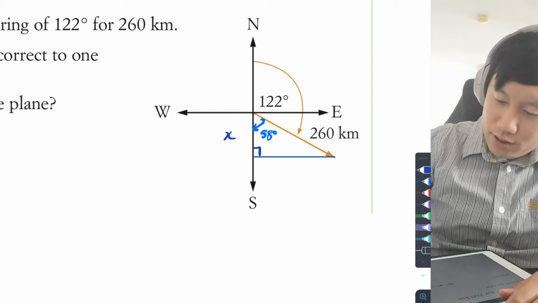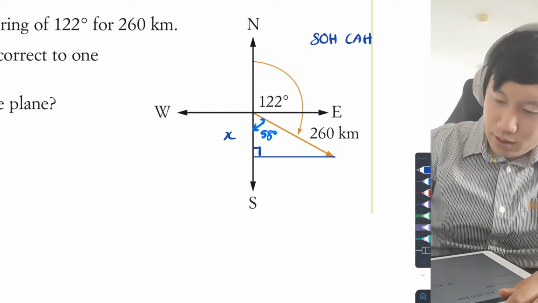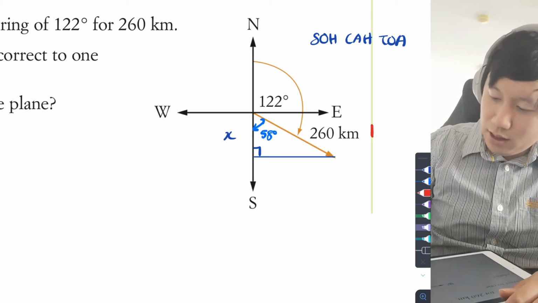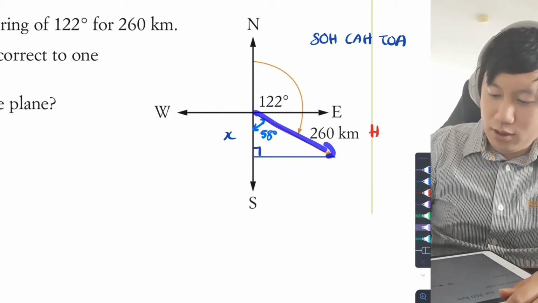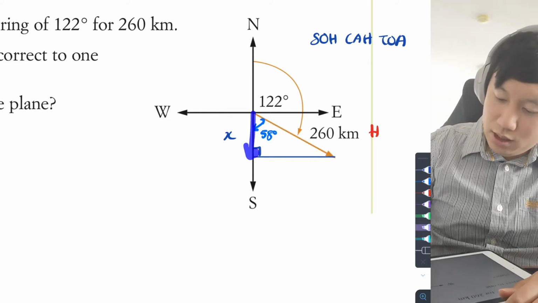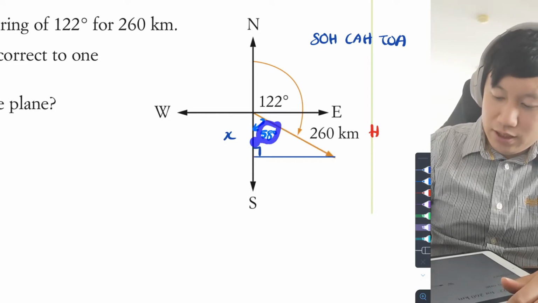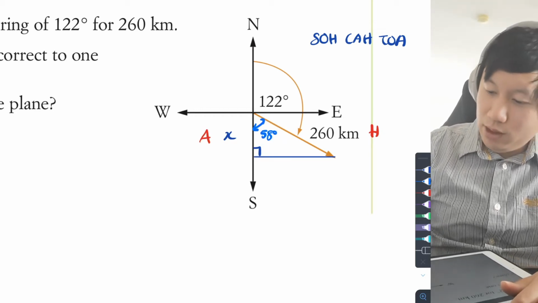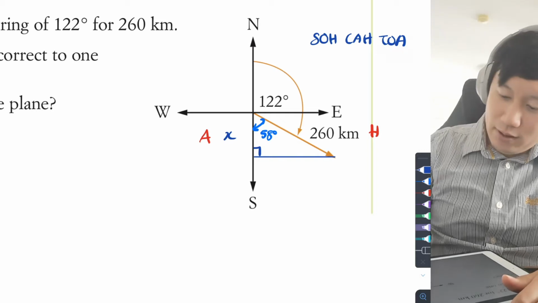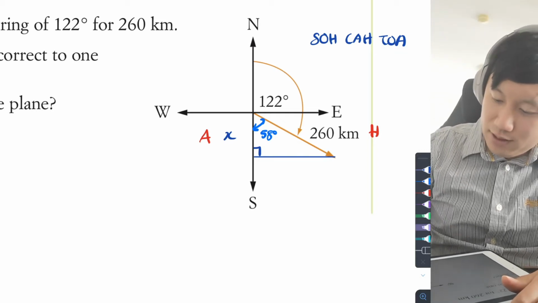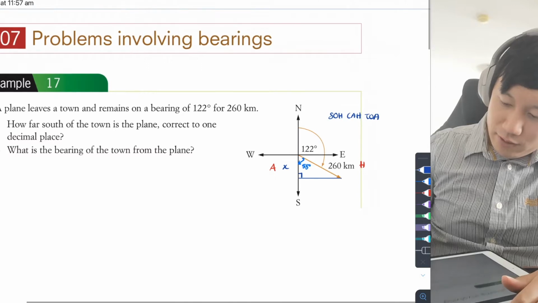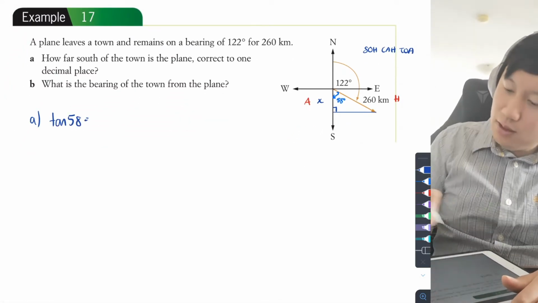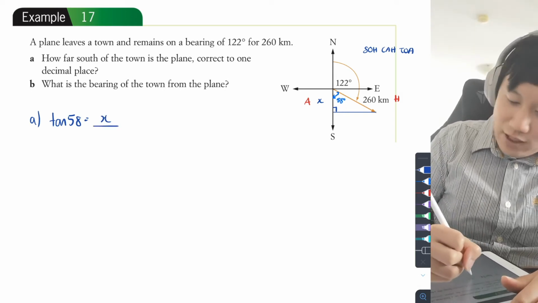Now, using SOH CAH TOA, and the fact that this edge here is our hypotenuse, which is the longer side, whereas this edge here is right next to this angle, so we call that A for adjacent. We're going to be using our tan ratio, so tan of 58 degrees is going to equal x over 260.